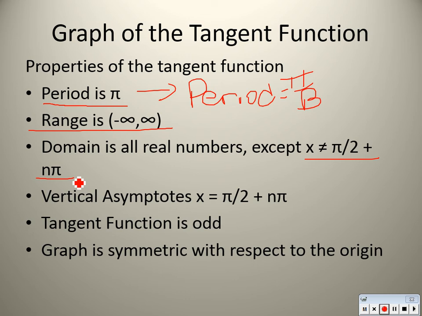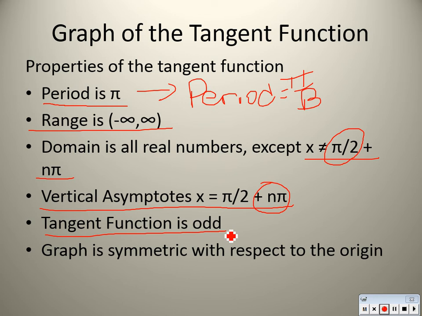So it's pi over 2 and any values that you would get by either adding or subtracting pi consecutively to pi over 2. The tangent graph also has vertical asymptotes at pi over 2 and any values that are plus or minus pi from pi over 2. The tangent function is odd, which means it's symmetric to the origin, which we have here.